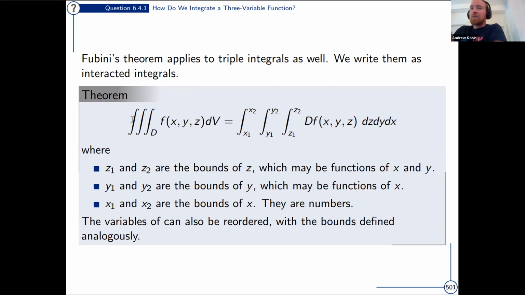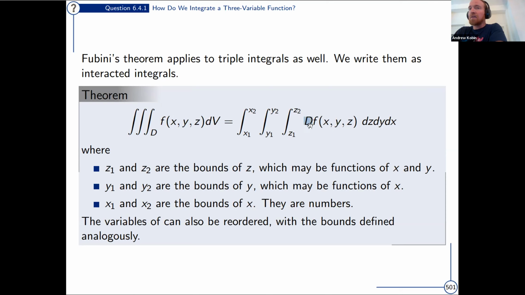And the theorem, which is some version of Fubini's theorem that tells us about how to write the bounds and how to split things up, is that if we have a triple integral over some region D of a function f of x, y, z with respect to volume, that's the dV, then we're going to integrate 3 times, an iterated integral with respect to each variable, where x1 and x2 are the x bounds, y1 and y2 are the y bounds, z1 and z2 are the z bounds.